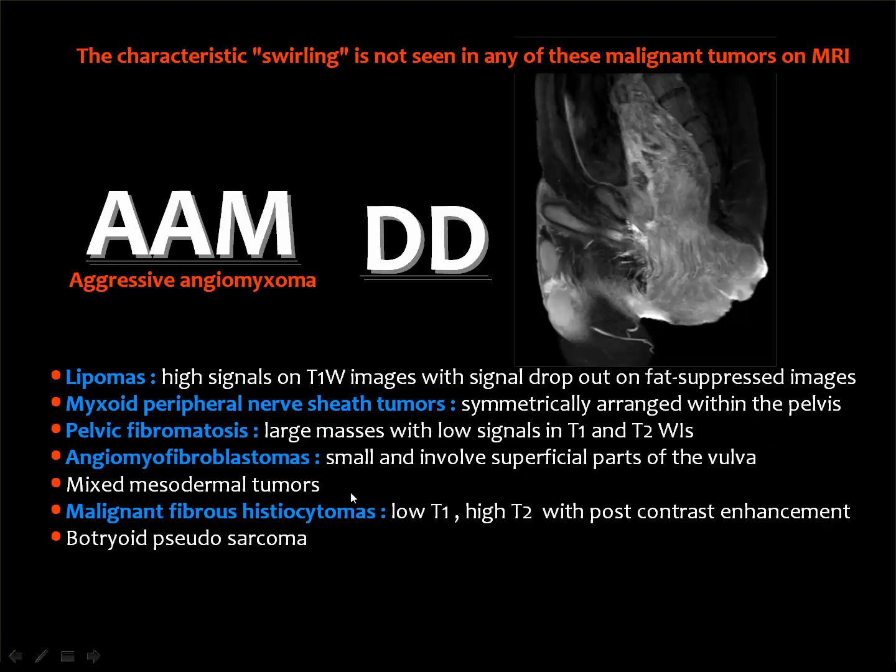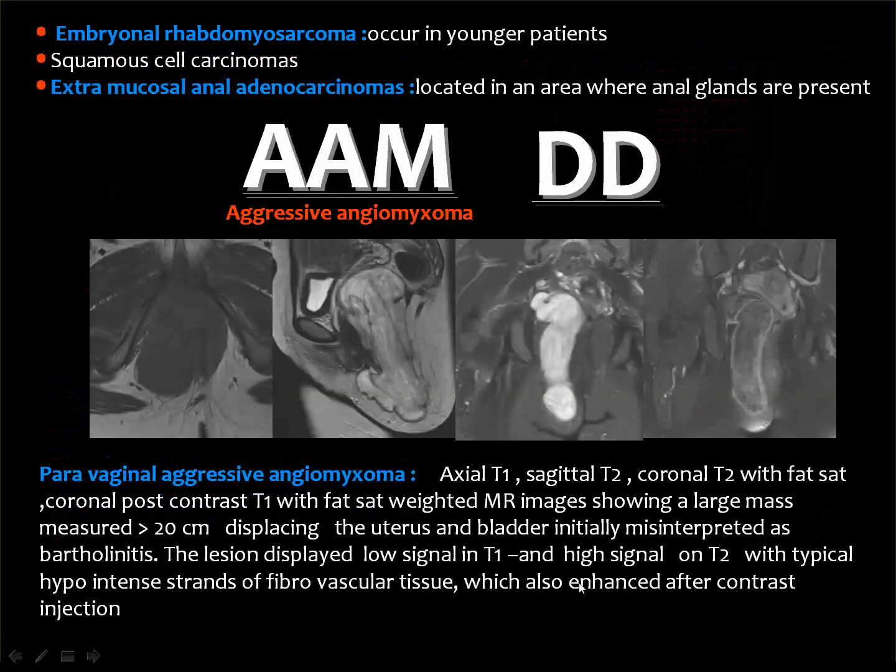Mixed mesodermal tumors, malignant fibrous histiocytoma is of low signal in the T1, high signal in the T2, and may enhance with contrast, but the characteristic swirling is not seen in any of these malignant tumors on MRI.